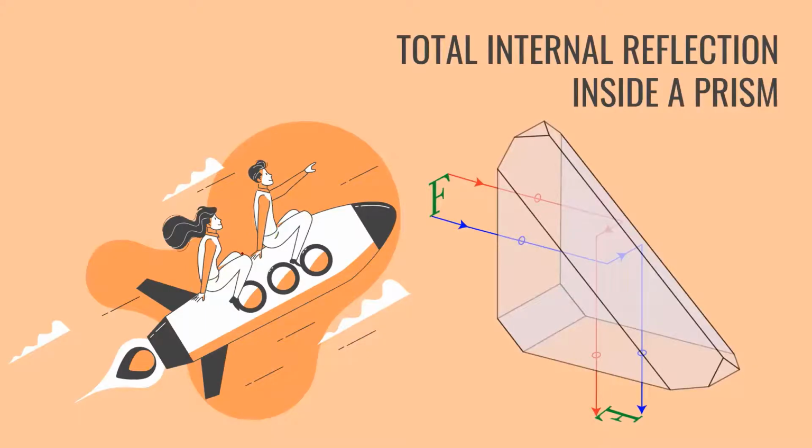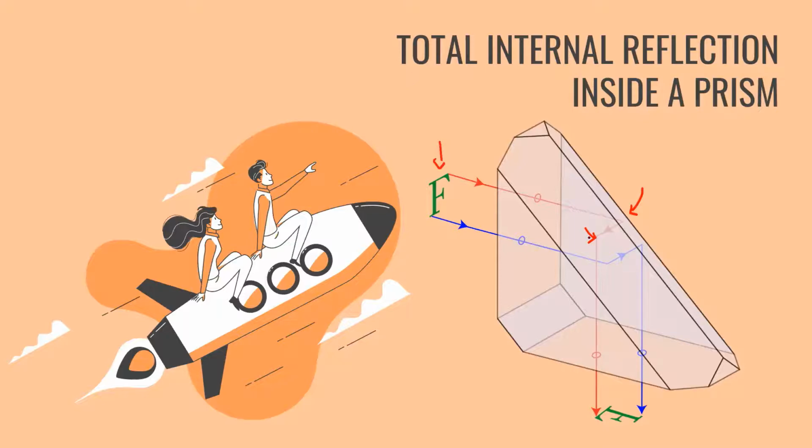And here is the total internal reflection inside a prism. We can see this is the object before the light ray comes into a prism. When the light ray comes inside a prism, two total internal reflections take place, which is here and here.